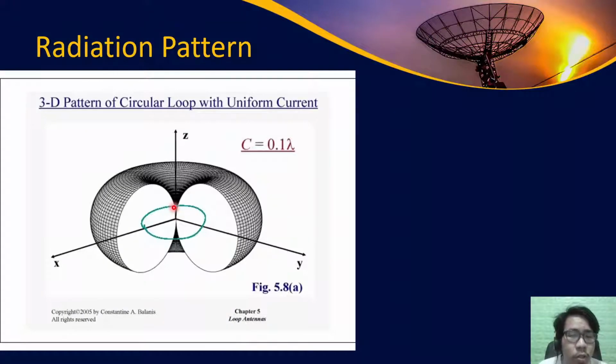For the 3D version, we can have this one. The loop is horizontal, parallel to the XY plane, and the propagation of the wave is also parallel to our XY plane. So it is also horizontal for the propagation.